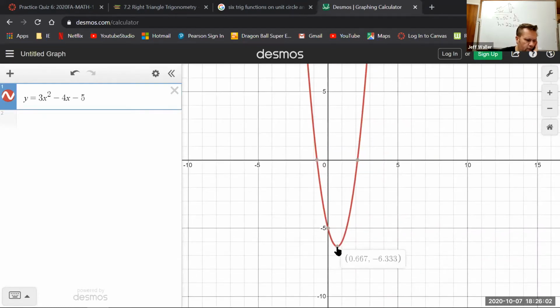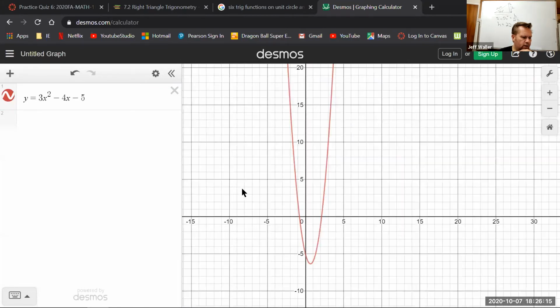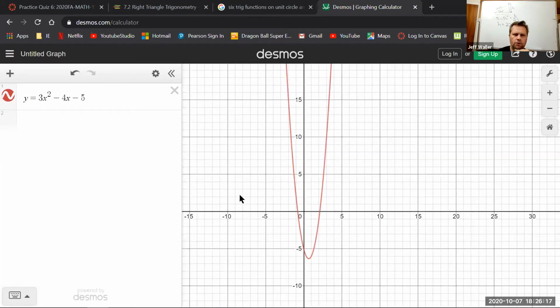Look right there. It knows to calculate the vertex. It knows to calculate the intercepts. Isn't that nice? And you can zoom out, you can zoom in, it kicks ass. So I'm really sorry that it's such a beautiful tool, and I should have told you a lot sooner.